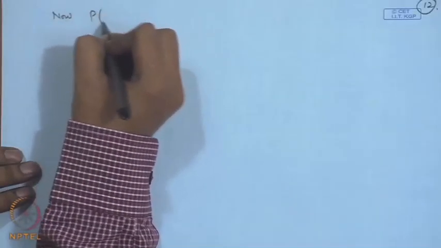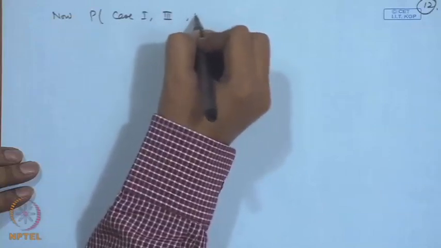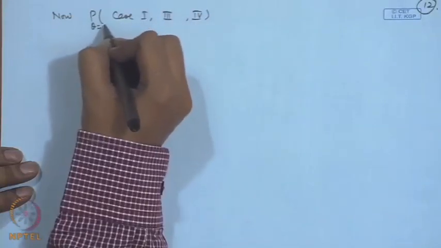Now, probability of case 1, 3 and 4 under the null hypothesis is 0.